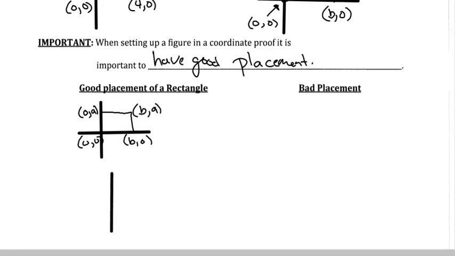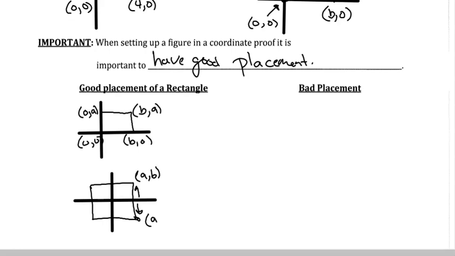Another example of good placement with a rectangle could have been like this. Let's say this is over by a units and up by b units. To talk about all the other locations, I don't even have to come up with any other variables. This one is still over by a, but now it's dropping.